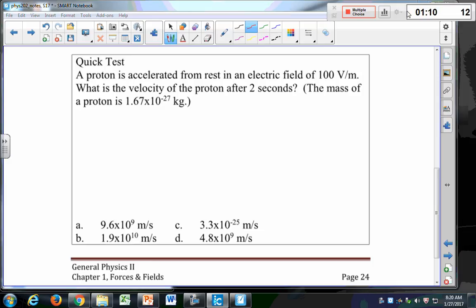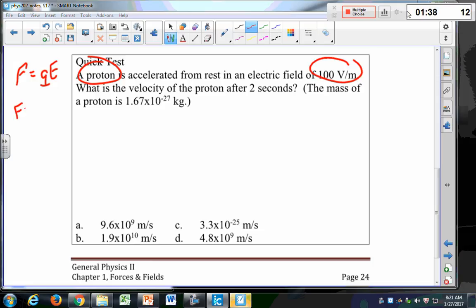I'll give you a hint. I want to know the velocity, so there are a few steps. First of all, we have this particle, and it's going to accelerate based on the force that it feels. The force is Q times E, right? So first you want to find the force. I have the electric field, and I know the charge of a proton, 1e, 1.6 times 10 to the minus 19.